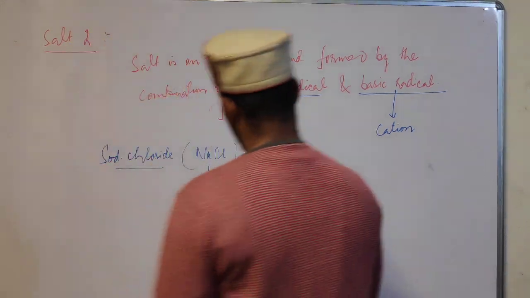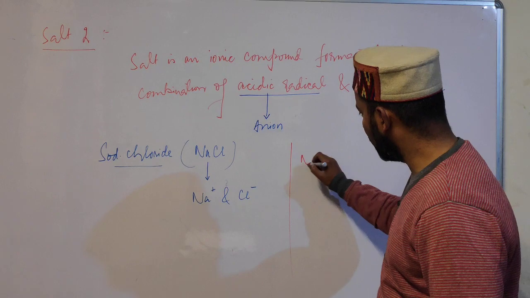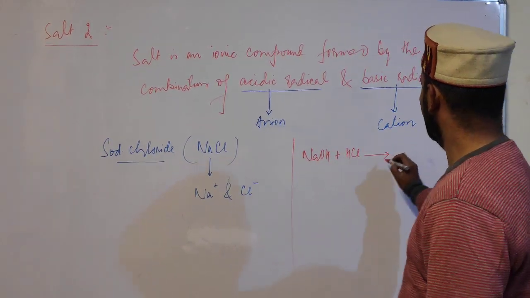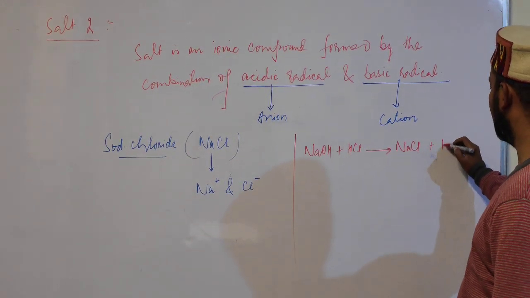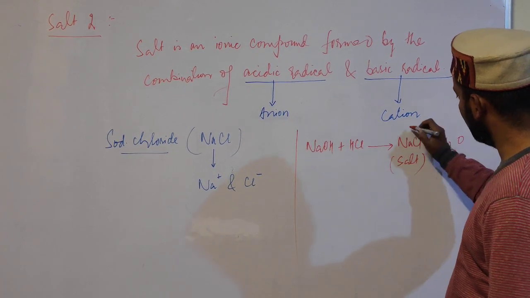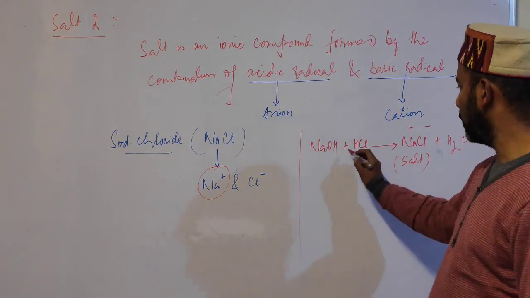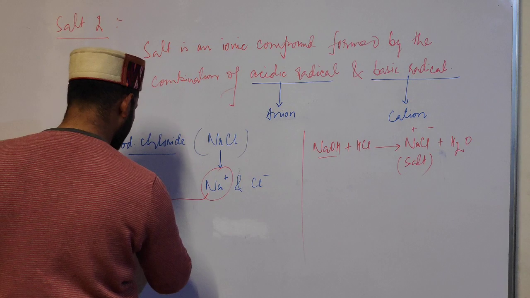Now students, how is sodium chloride formed? See, sodium chloride is formed when sodium hydroxide and HCl react through a neutralization reaction. So this is the salt. Now see carefully that this sodium comes from what? Sodium comes from the base. So that is why we say sodium is the basic radical.